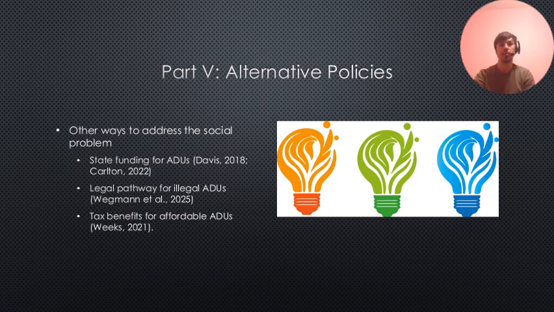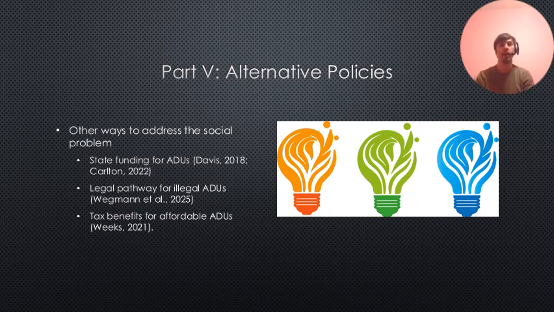Homeowners with significant mortgage debt face difficulty securing additional loans or tapping into equity to finance ADU construction. An alternative policy can involve using state funding, such as loan guarantees and insurance, to cover the repayment of low-income ADU loans.